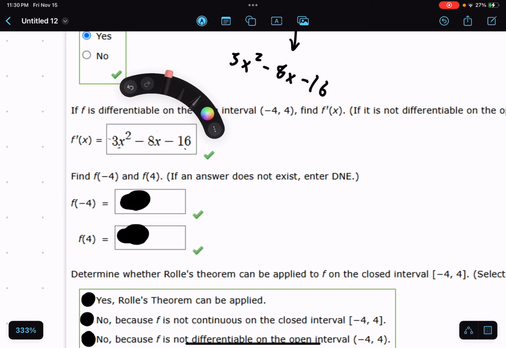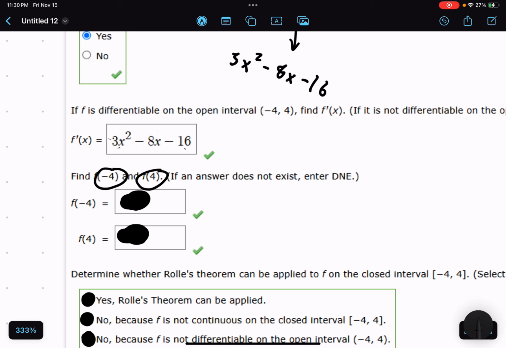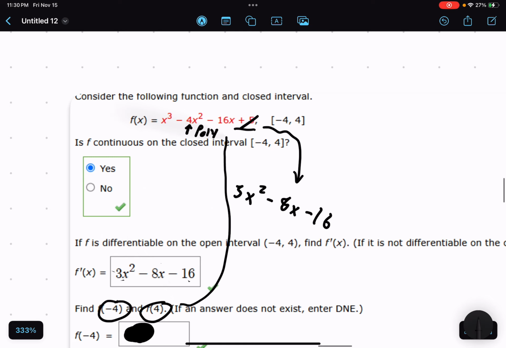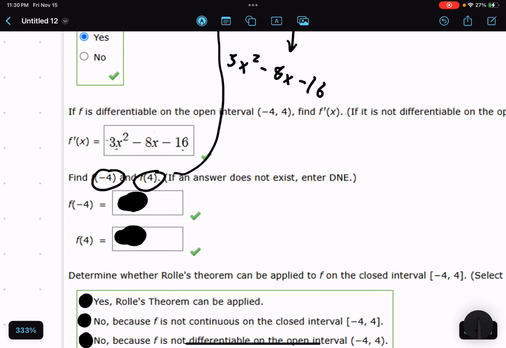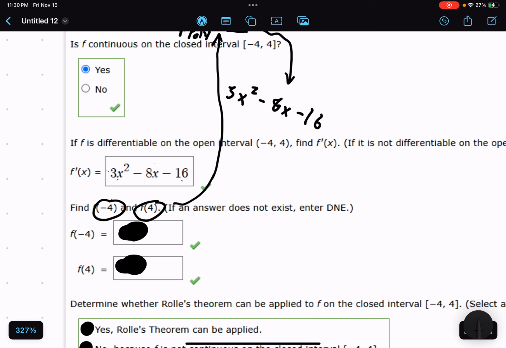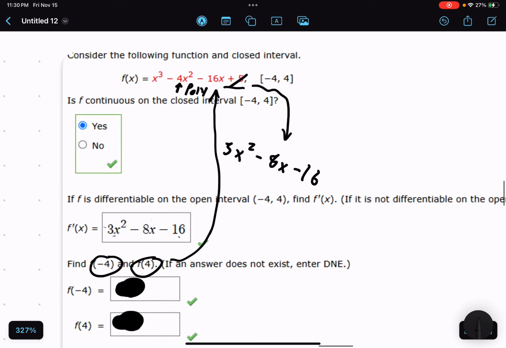And then when it wants us to find f of -4 and f of 4, you're just going to plug in the values of -4 and 4 back into this equation over here. Okay, so when you plug those values in, you will see it written like this.